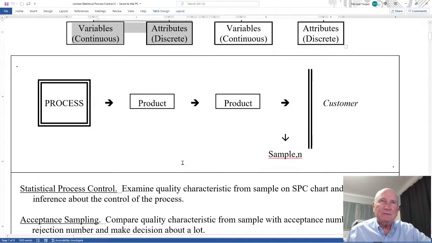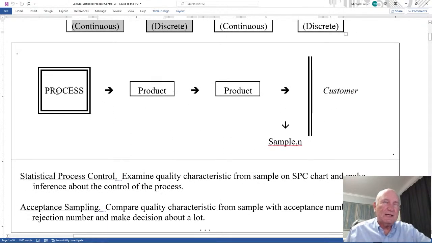So the concept here is you have a process, and the process could be a manufacturing process, could be a service process where you're producing products, or even producing a product could be a satisfied customer.